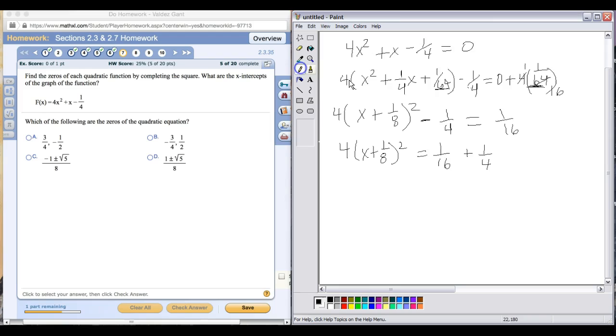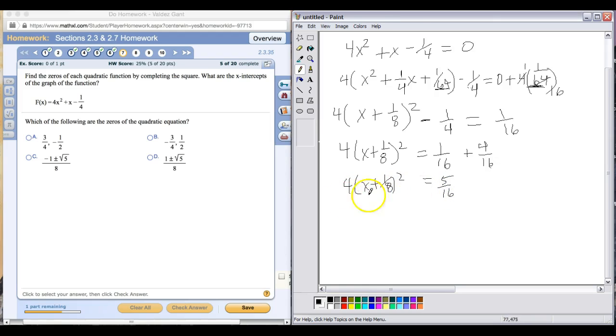At this point, we know that 1/4 is the same as 4/16, so I'm going to change my 1/4 to 4/16. From that point, that would be 5/16.